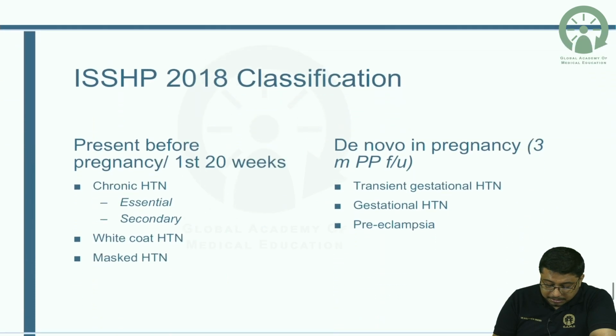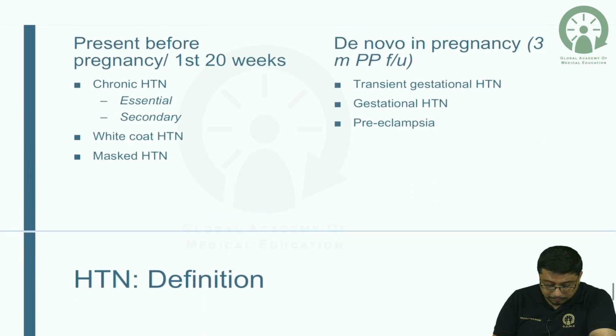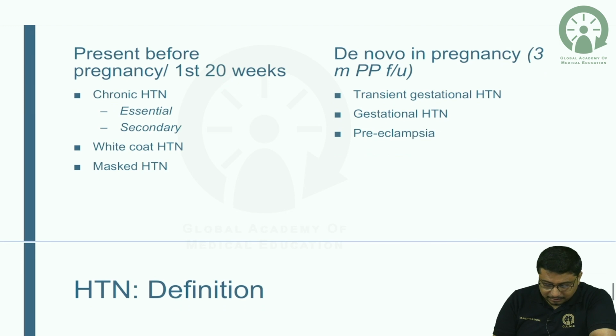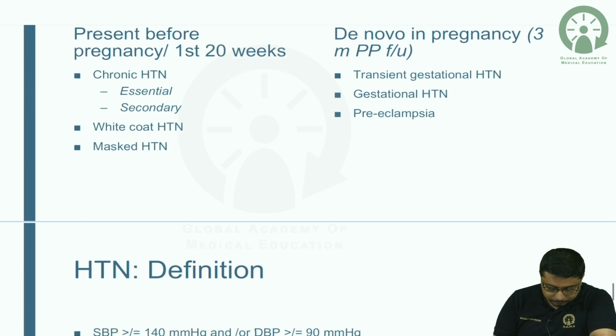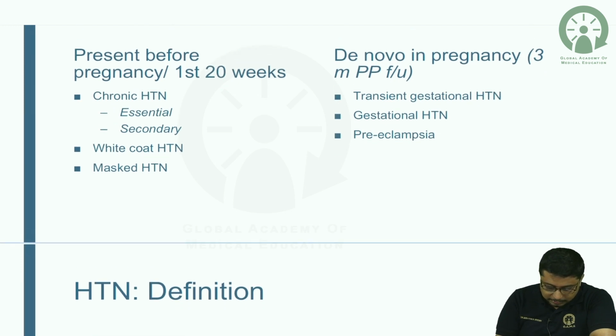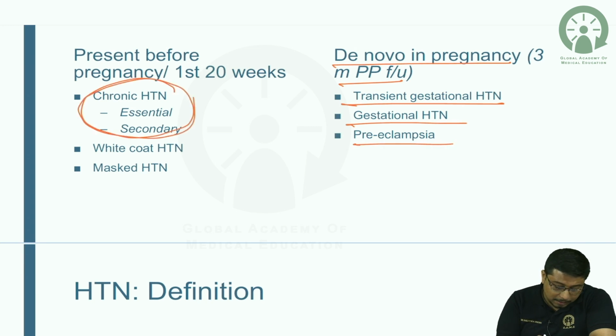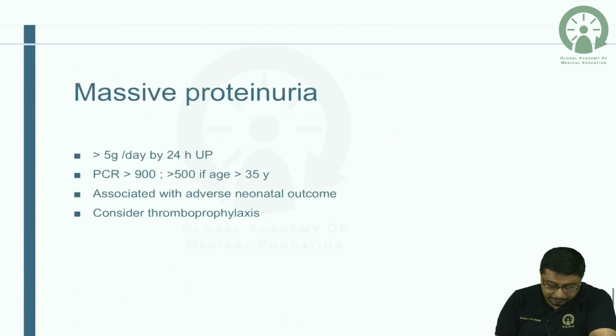Coming to the hypertensive disorders of pregnancy, one of the major topics. This is the definition. De novo hypertension in pregnancy is transient, gestational hypertension, or preeclampsia. If hypertension was already there before 20 weeks, it is chronic hypertension.